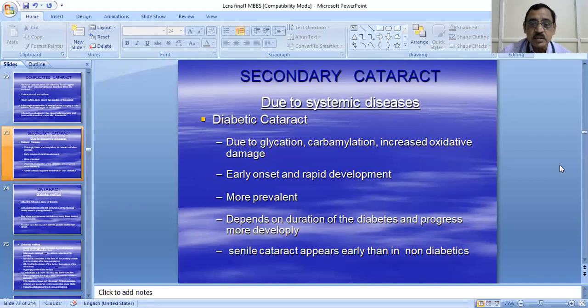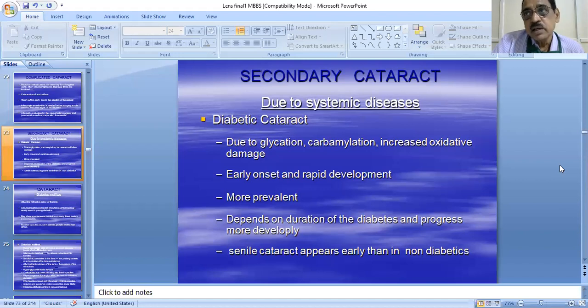The incidence of diabetic cataract depends on the duration of the diabetes, and it progresses more rapidly when compared to the normal population. Senile cataract appears very early in diabetic patients when compared to normal individuals.